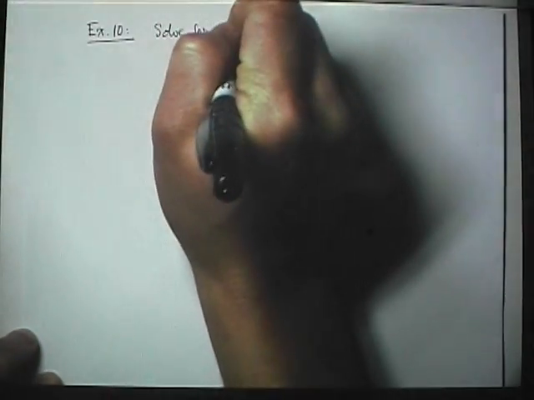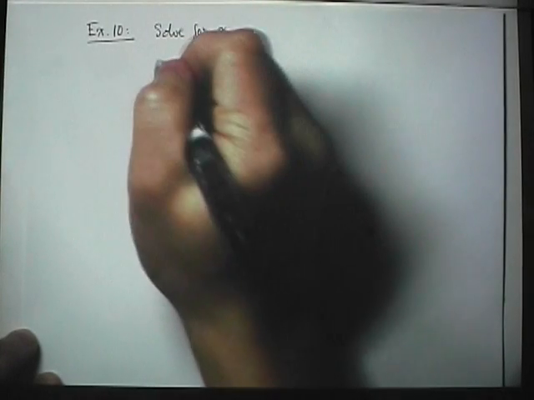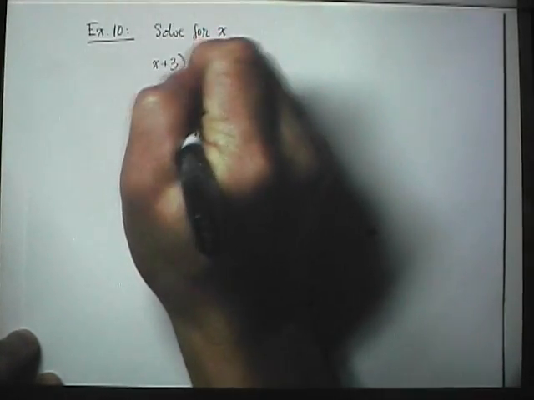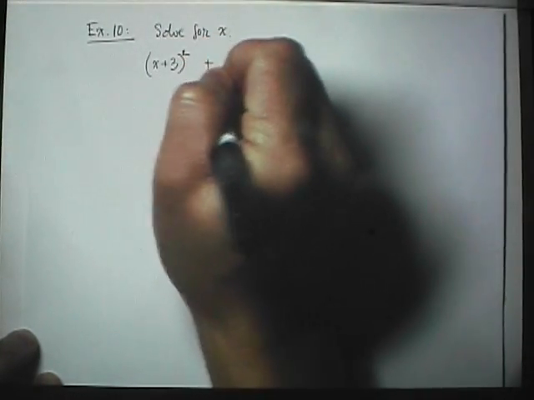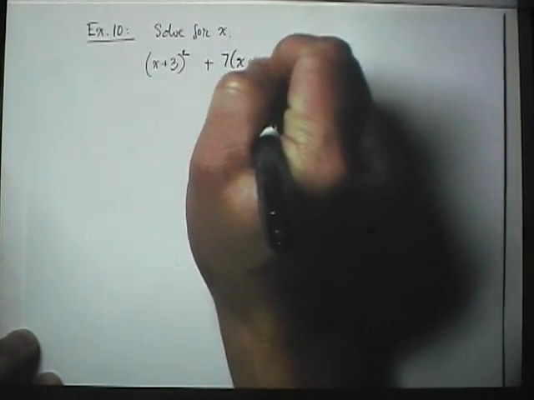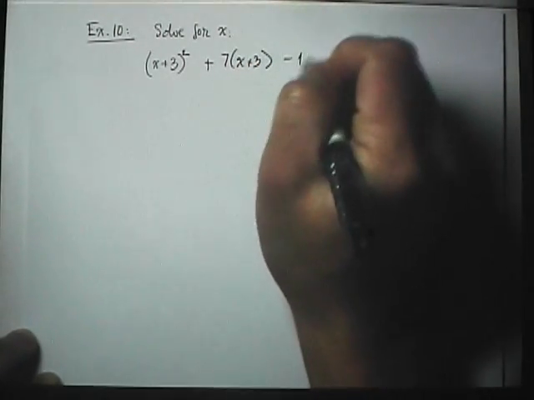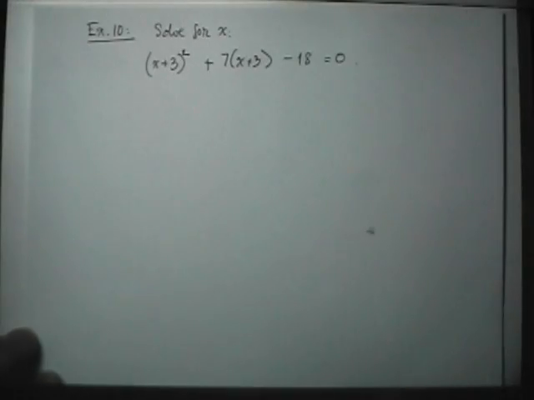Example 10. We want to solve for x once again. What I have here is x plus 3 all squared plus 7 times x plus 3 minus 18 equals 0.